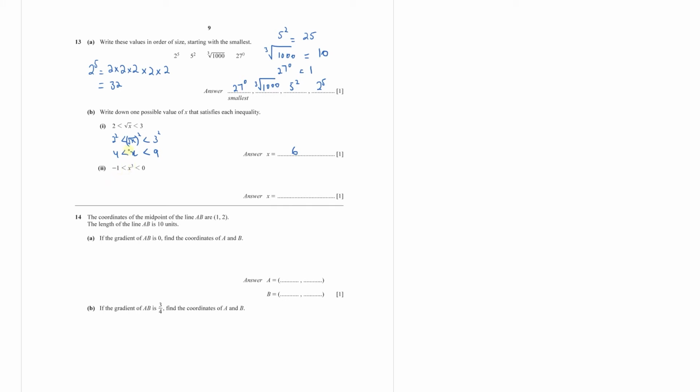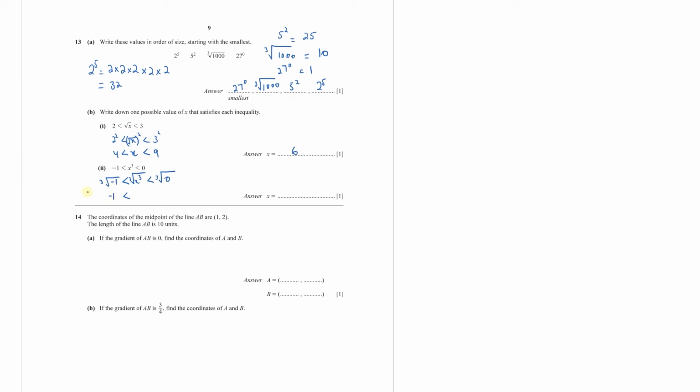Similar to what we did in the first part, we can take the cube root on both sides so that we can represent this inequality in terms of x. So take the cube root on the left side: cube root of negative 1, then cube root of x cube, and then cube root of 0. Cube root of negative 1 is negative 1, because if you multiply negative 1 three times, you get negative 1 back.